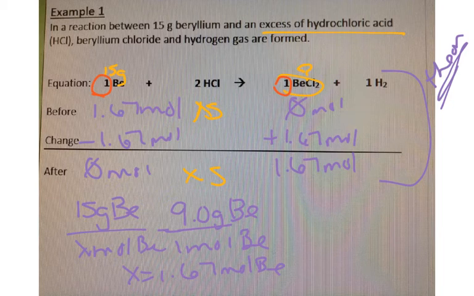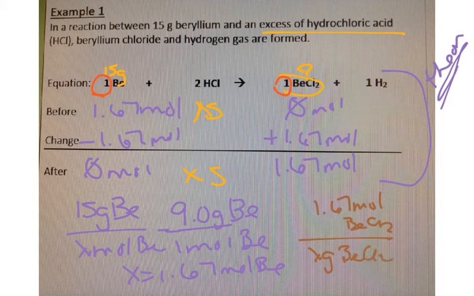So now I'm going to continue and change my 1.67 moles of beryllium chloride into grams to figure out my theoretical yield in grams. I'm going to set up a proportion of 1.67 moles of beryllium chloride, and that is how many grams of beryllium chloride. I'm going to set that equal to 1 mole of beryllium chloride, which has, that should be a Cl2, sorry I ran out of room, over 80 grams, which is the molar mass of beryllium chloride.